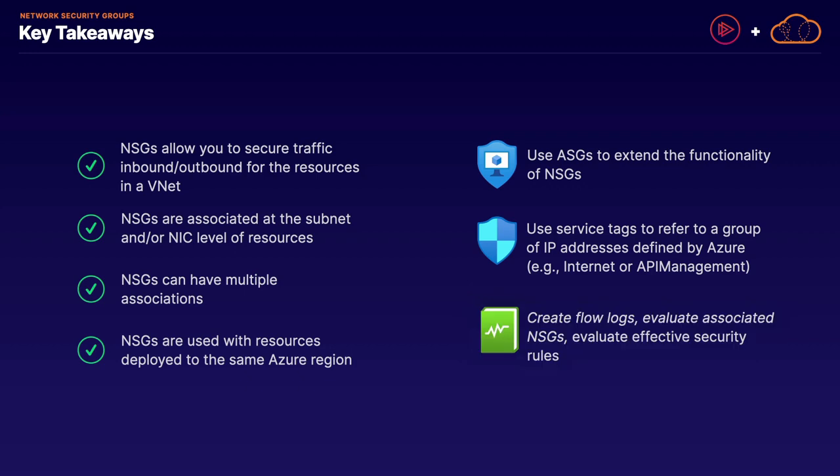And then finally, we have extensibility, where we can create flow logs for our NSGs and evaluate the effectiveness of the security rules through additional features provided for our NSGs.